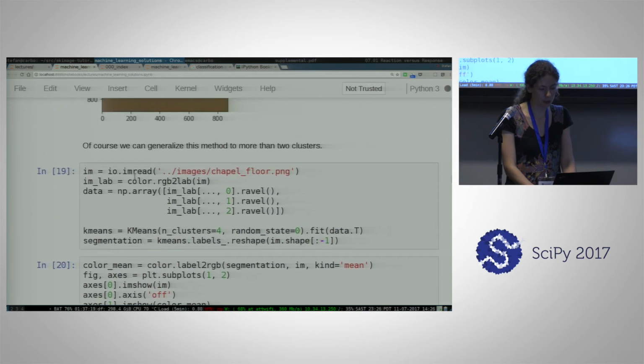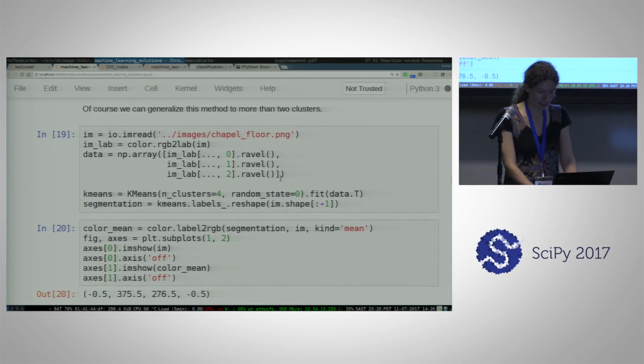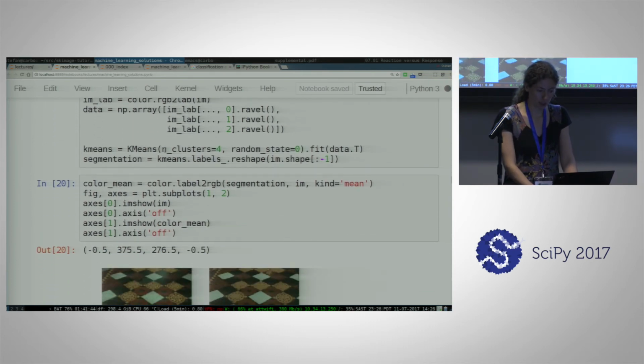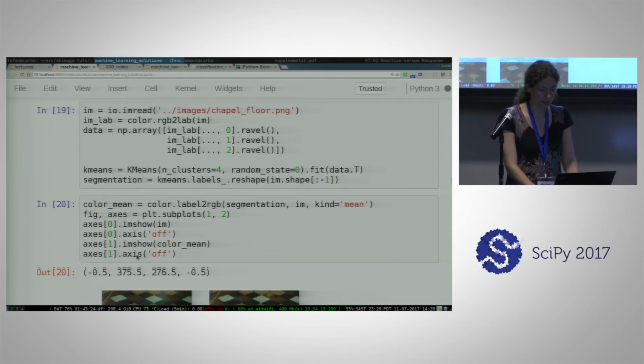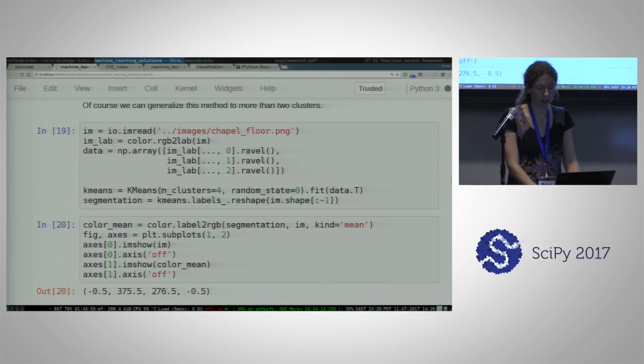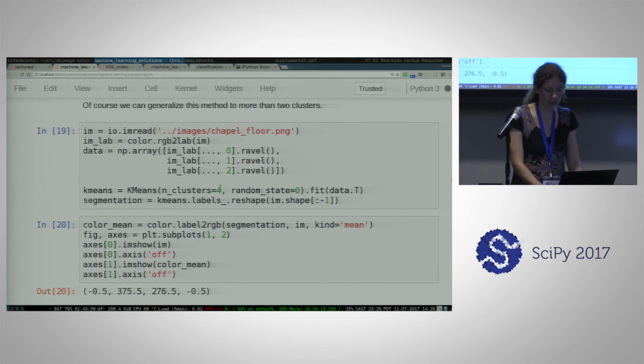Here is a solution. So here I switched to my solutions notebook, and you see that this time for this chapel floor picture, we defined an estimator with 4 clusters, and we fit the data in the LAB space.